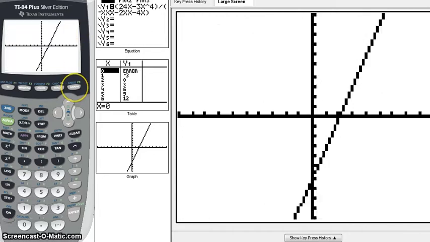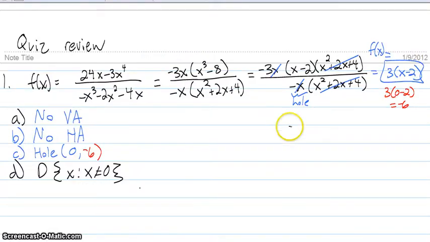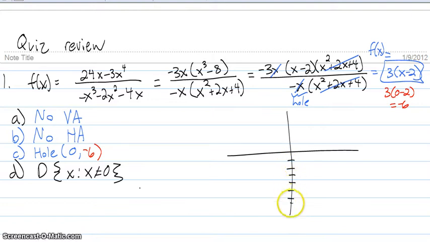And then when we graph it, that's kind of what it looks like. It looks like a straight line. And the hole is down here where x equals 0. So we can just graph that real quickly. And we know the hole's at 0, negative 6, and then it looks something like that. No horizontal or vertical asymptotes. Looks like a straight line.